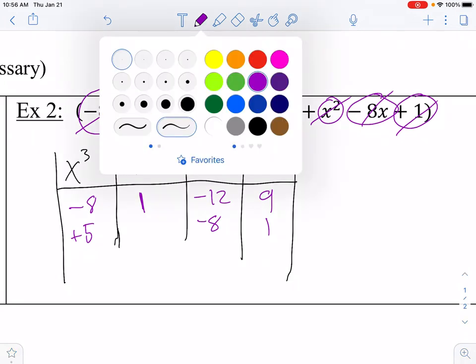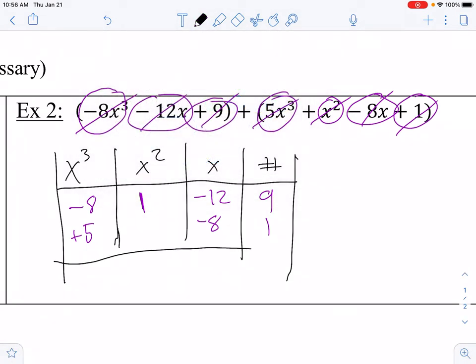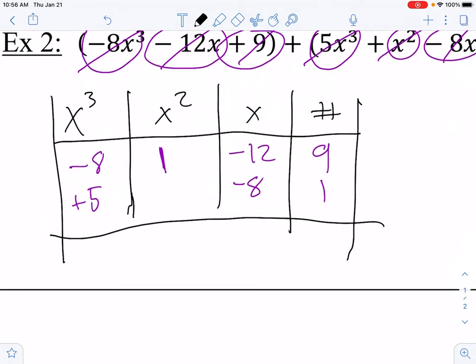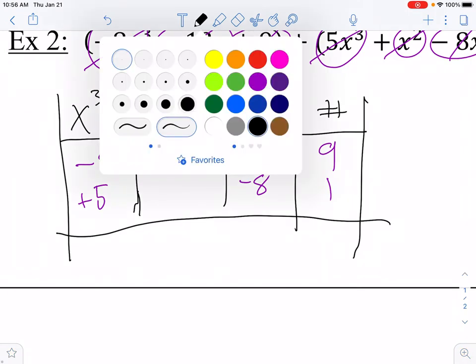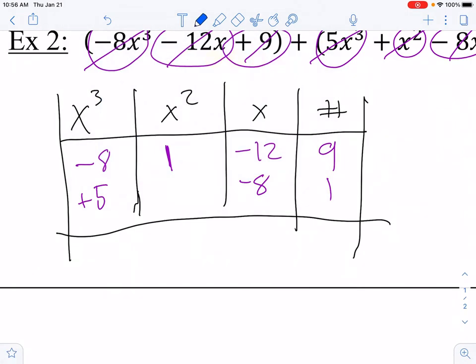So if it helps you without having to see all the other variables, if you just want to write what's called the coefficients, the numbers, just remember to write your variables back down in your answer. So I'm going to show you here in blue. Negative 8 plus 5 is negative 3, and that was an x to the third. 1 is not being changed by anything, so it's still just positive 1x to the second.